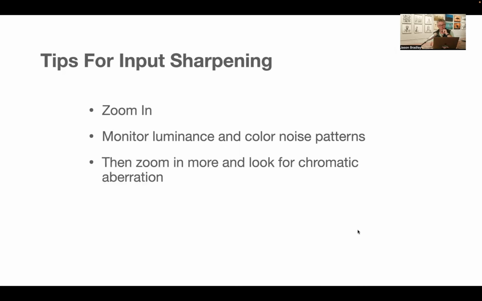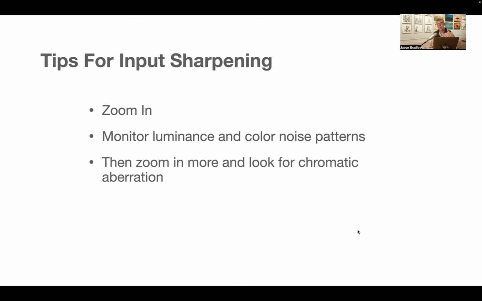Okay. Then zoom in more to look for chromatic aberration. This is something that I would suggest doing. Zoom in toward the edges of your image, where something can happen on the edges of your detail, referred to as chromatic aberration, and that shows up as a yellow, purple, magenta, or even green kind of halo that you won't see necessarily just on your computer screen, certainly not on something like Instagram.